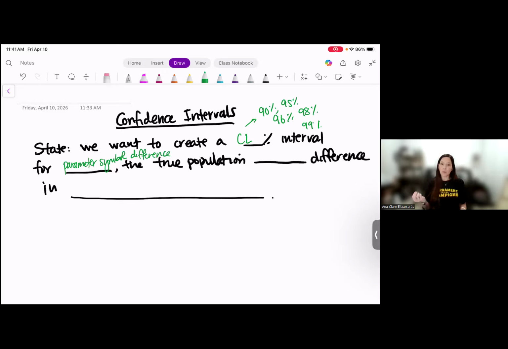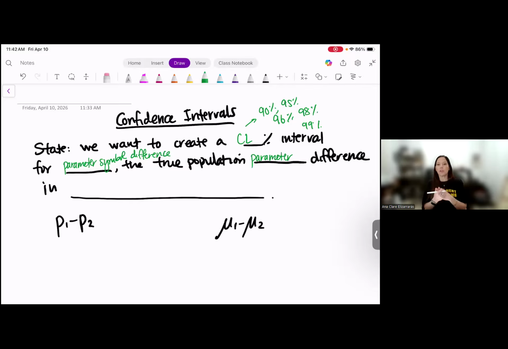Now, if we're talking about proportions, you know that that's going to be a p parameter symbol where we have p1 minus p2. For means, we use mu, so we have mu1 minus mu2, with a subtraction sign for the difference. And then the next one is the parameter word, mean or proportion, in context.